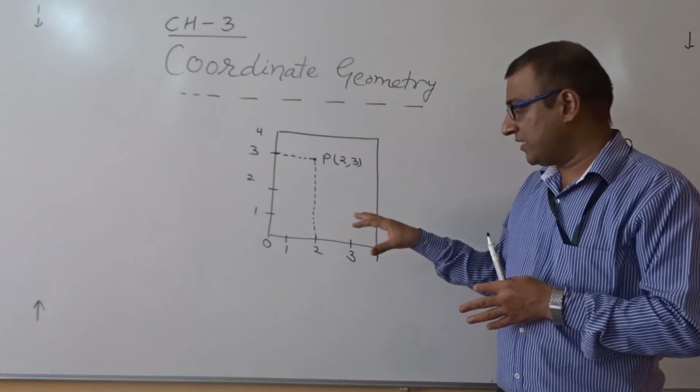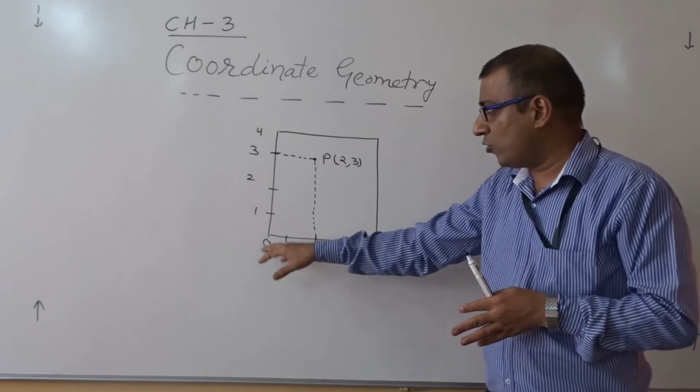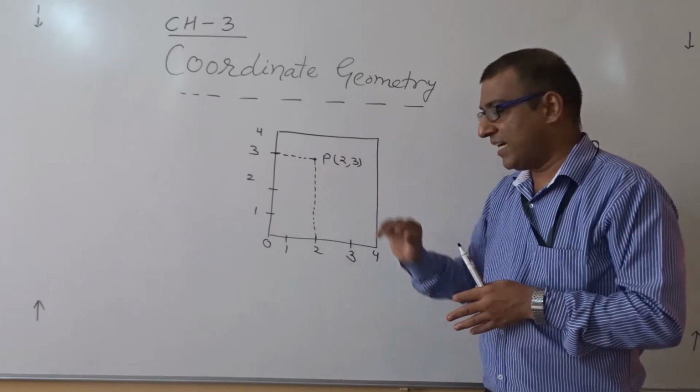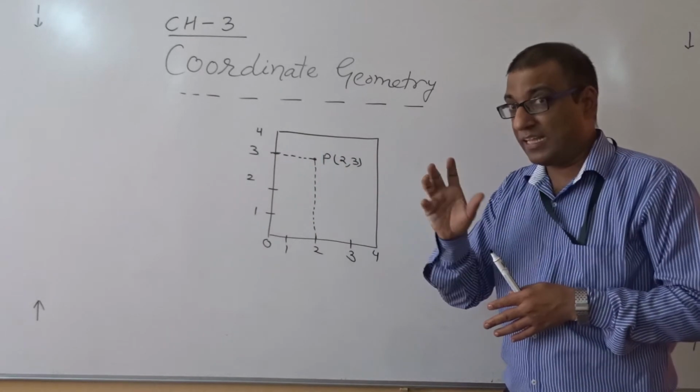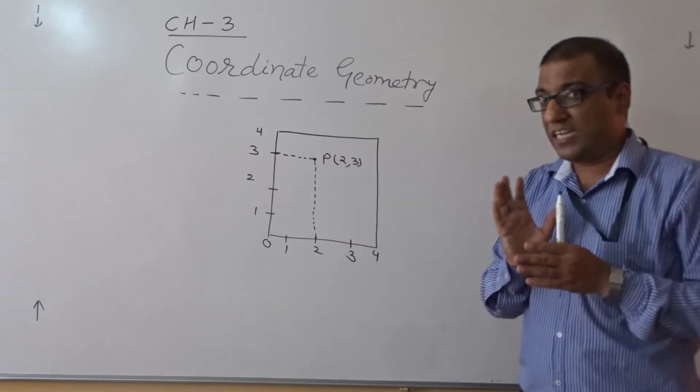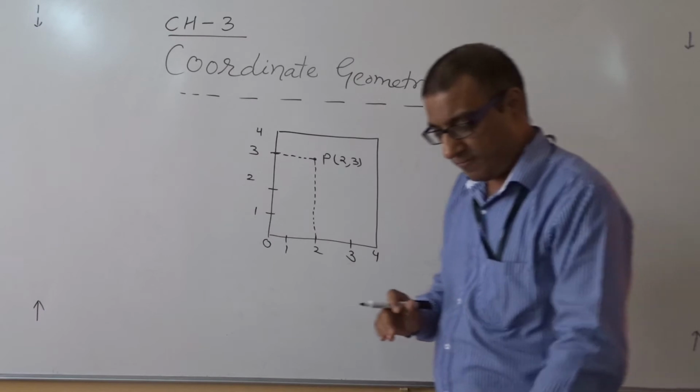As you see in this example, if 0, 1, 2, 3, 4 is written here and 0 to 4 is written here, then you will easily identify the location of point P, the location of this dot. Otherwise it is not possible. So at least 2 things we need to identify the location.